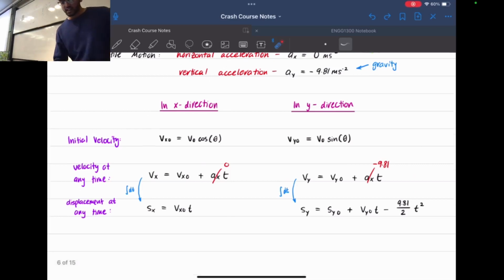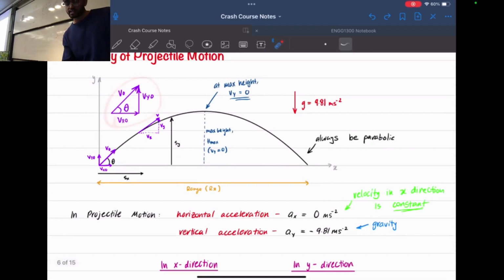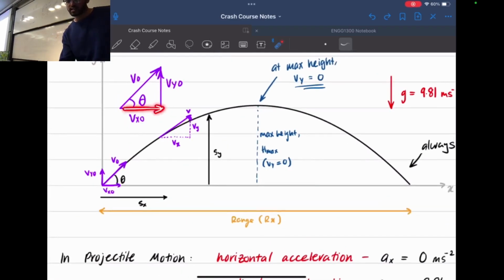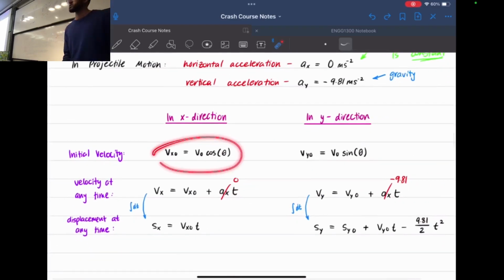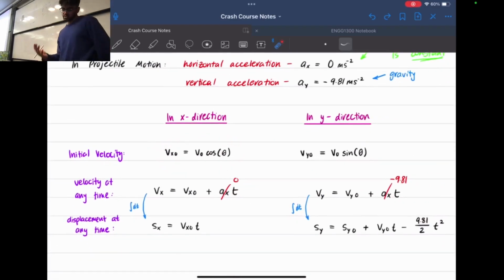So initial velocity, from the triangle that I drew up here, we can break it down into cos theta and sine theta. So in the x direction, we have v0 cos theta. In the y direction, v0 sine theta.